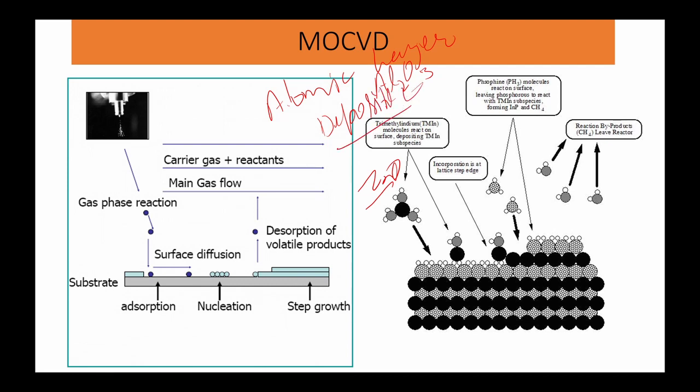Mainly metal oxides like aluminum oxide, indium oxide and zinc oxide are deposited using atomic layer deposition, which is also a layer by layer growth.